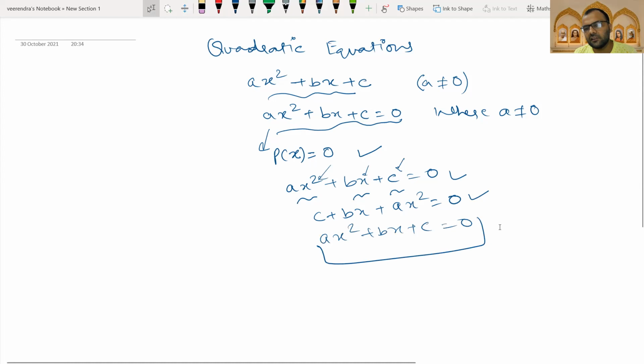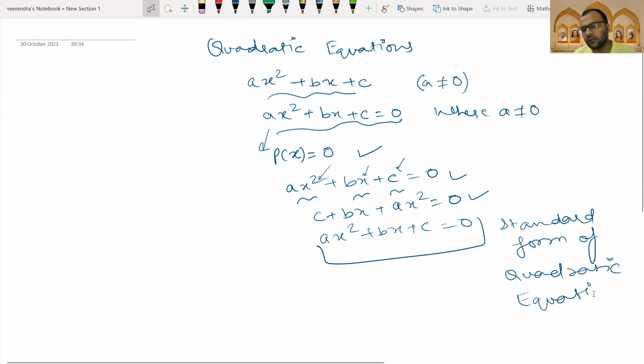This is known as the standard form of quadratic equations. So the standard form of a quadratic equation is ax square plus bx plus c is equal to 0. Now we will do some problems on that.